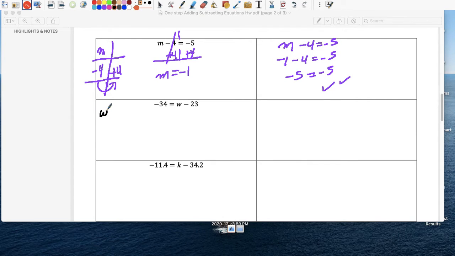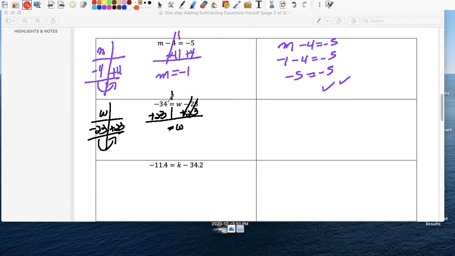Again, we have a variable w. Somebody subtracted 23. So to undo that, we're going to add plus 23, left and right side. 23 goes away because minus 23 and plus 23 are opposites. So we are left with w.